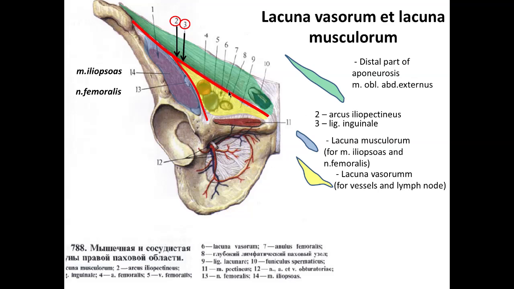And very important, this remnant space medially to the vein is dangerous for forming femoral hernias. Femoral hernias, in conditions of weakness of the muscles, of widening of all these spaces, are results of increasing intra-abdominal pressure.